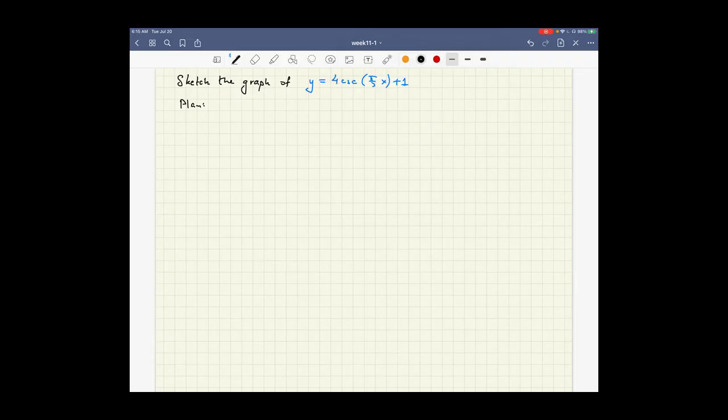We first graph cosecant x, then we graph cosecant of pi over 3x, then we graph 4 cosecant of pi over 3x, and then finally the desired graph, 4 cosecant of pi over 3x plus 1.